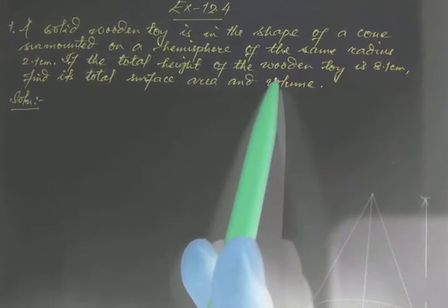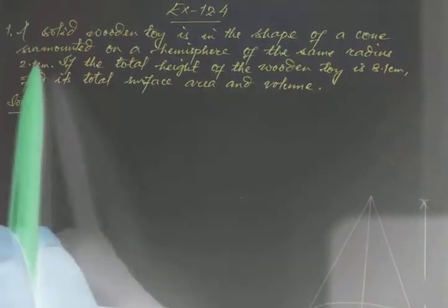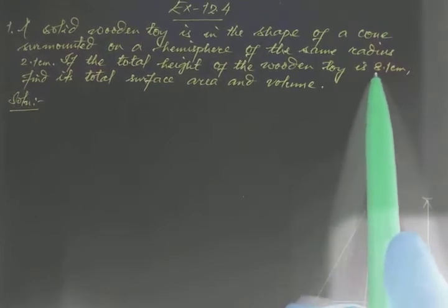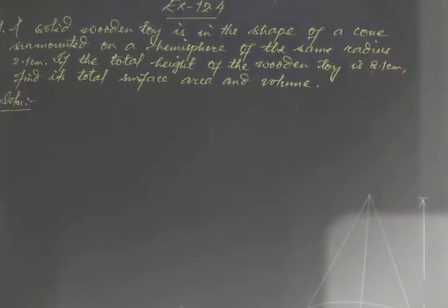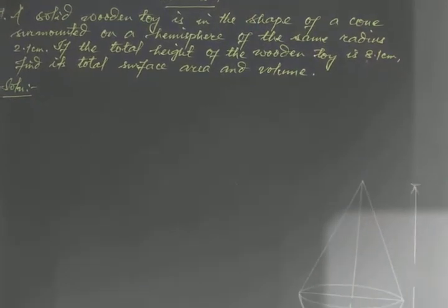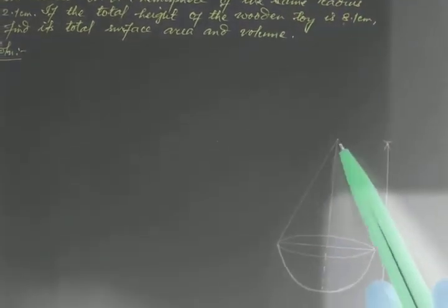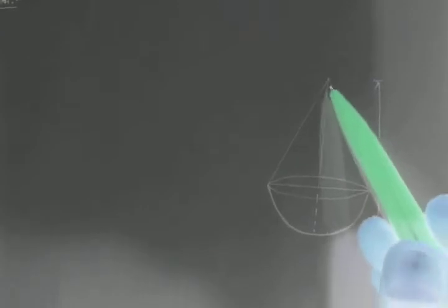They have the same radius, that is 2.1 centimeter, and the total height of the toy is 8.1 centimeter. So here is the figure. It's a cone which is surmounted on a hemisphere.